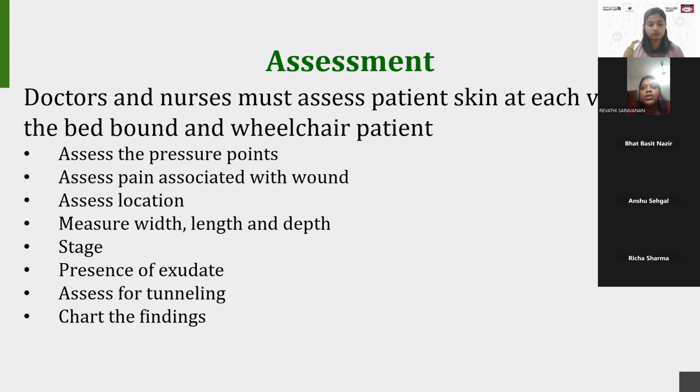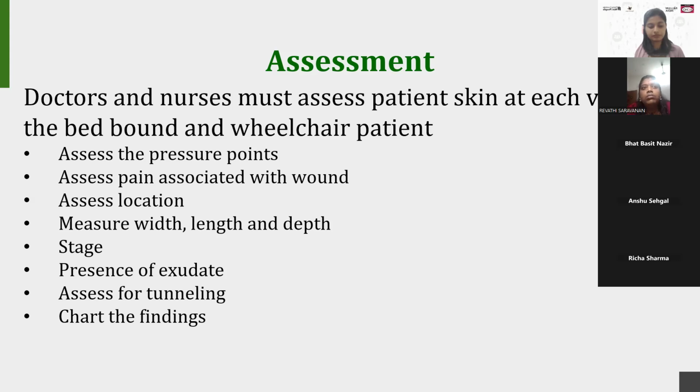Then what about the caretaker? You have to know these things first. In the first assessment of pressure ulcer, you have to know the patient's condition. For example, if the patient has had a stroke, you have to know how long he has been in bed, how much activity he can do, and how conscious he is.